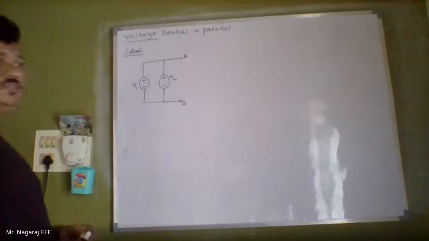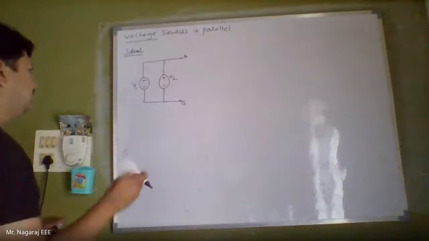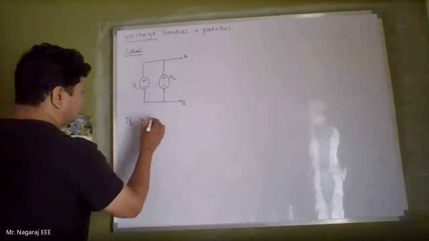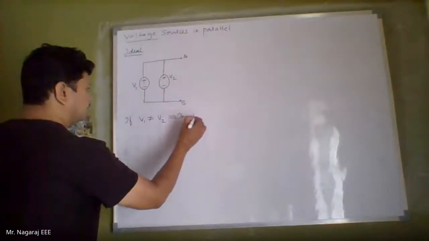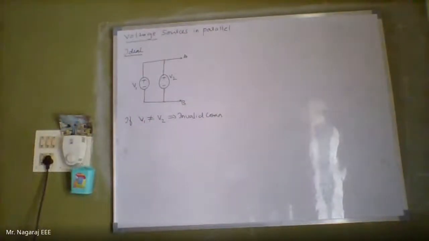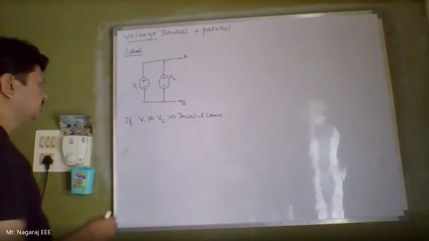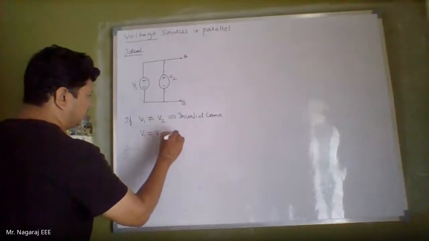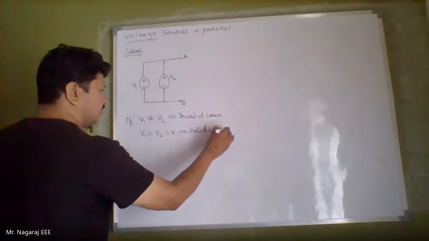Now if there are two branches with two voltage sources, then if V1 is not equal to V2, then it is an invalid connection. If V1 is equal to V2 is equal to V, then it is a valid connection.